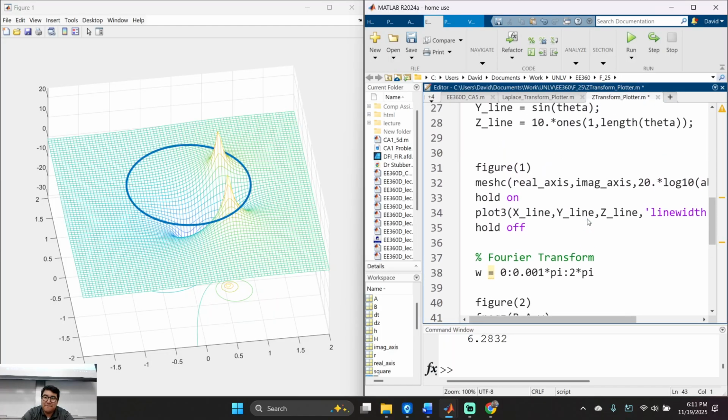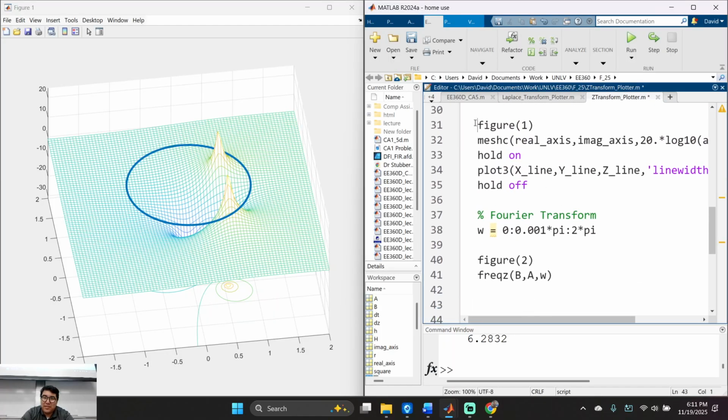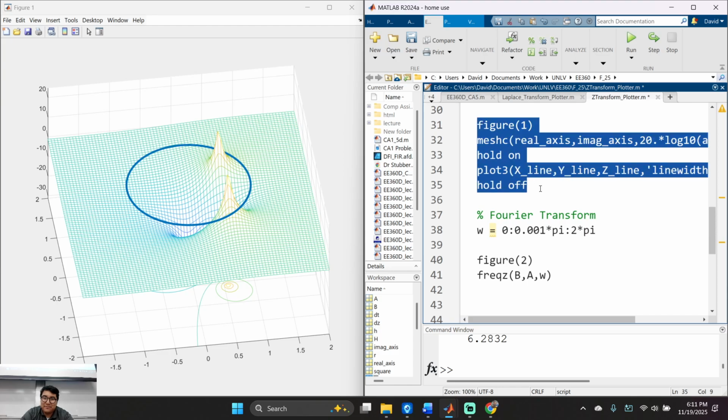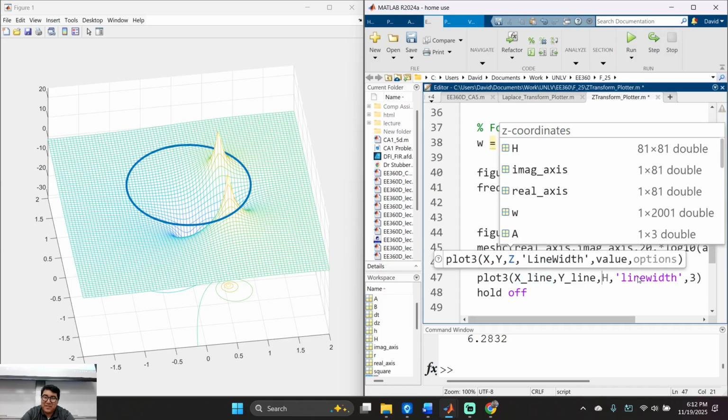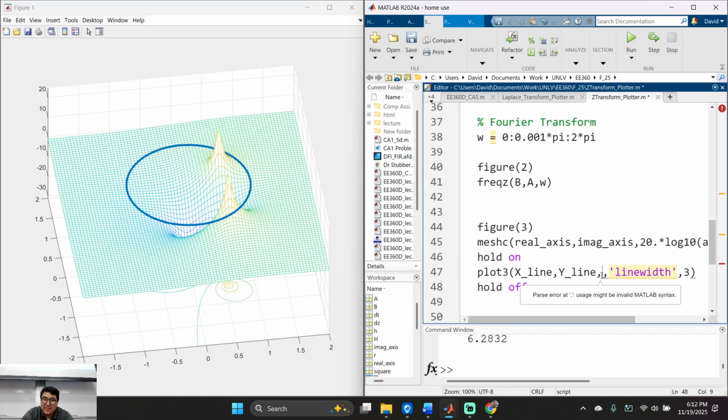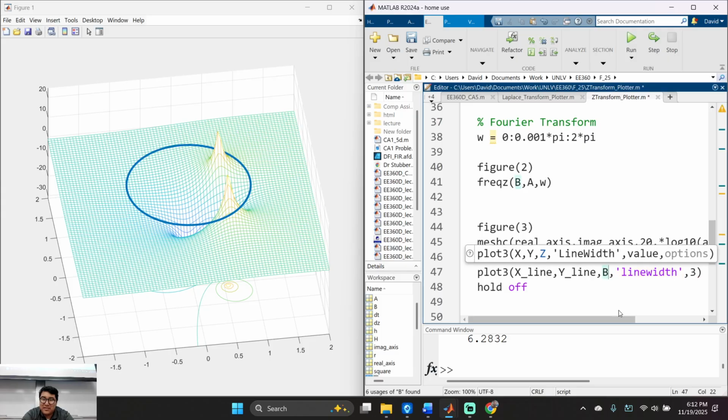Let me get this guy again, okay? Figure 3. And instead of plotting a straight line, I'm going to make this, let's see, x-axis, y-axis. I want to do the actual B. No, wait, hold up.